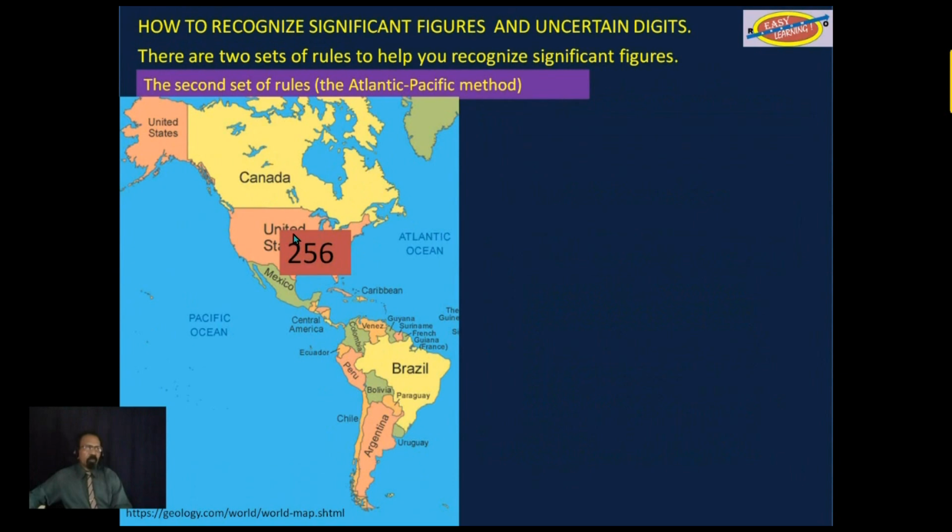Let's go back to that number we were dealing with before, 256. In the previous set of rules, the decimal point is absent. You don't see it. I mean, we all understand it is there on the right of the 6, but it is not expressed. So we will say it is absent. Because it is absent, we will start from the Atlantic side.